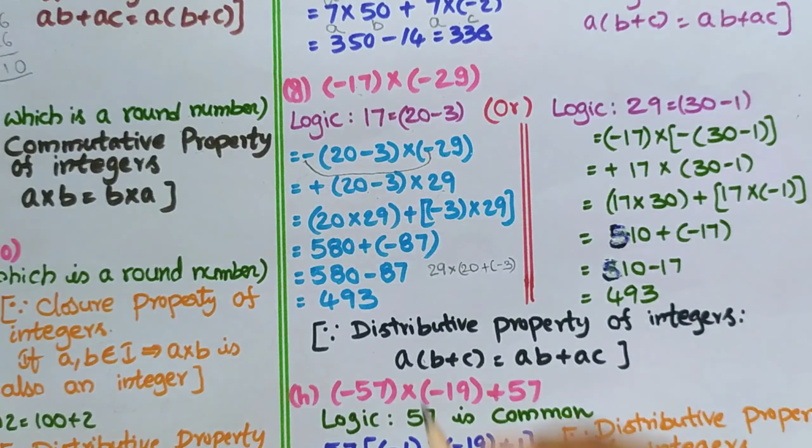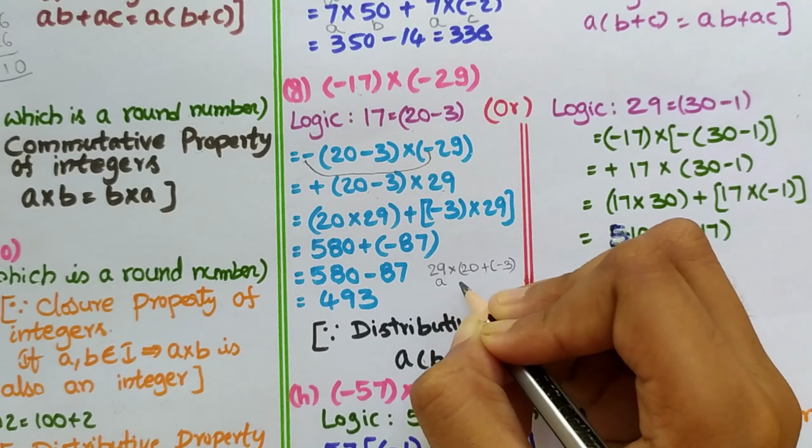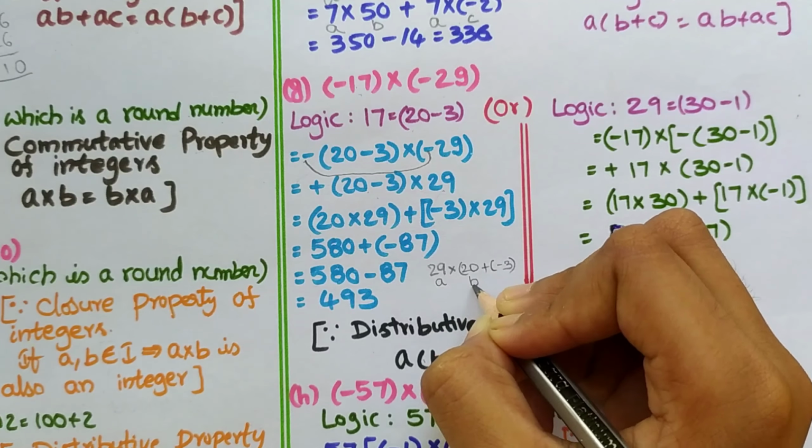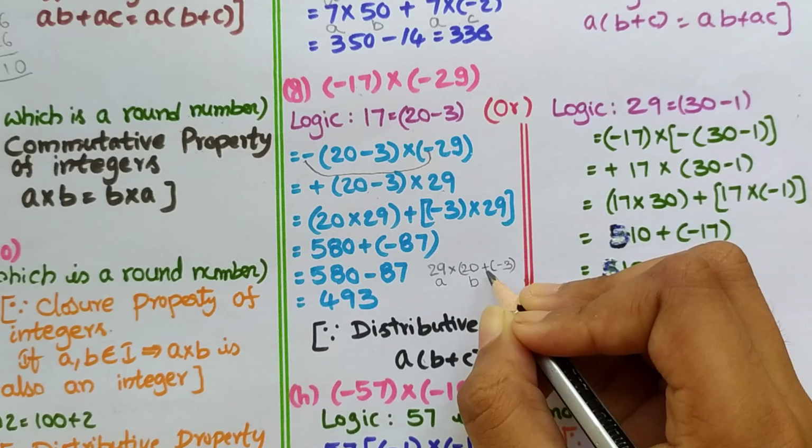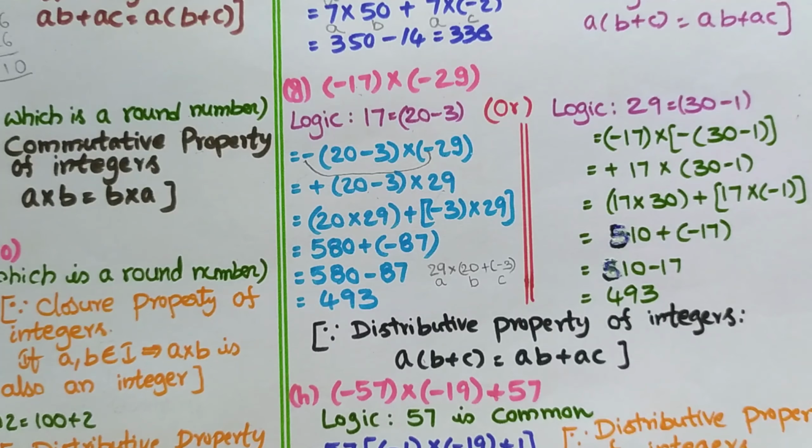Is it clear friends? So 29 is A, 20 is B, and C is minus 3.